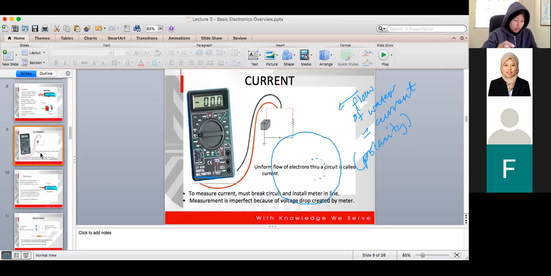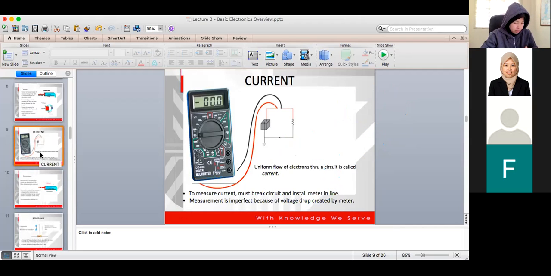Okay, seterusnya how do we measure current? So sama juga kita boleh guna multimeter. Okay, so tapi beza dia sebab current ni dia adalah benda yang flow kan, benda yang flowing. So we cannot just intercept the circuit, we cannot do the same as what we did for voltage tadi, just letak dekat the component.